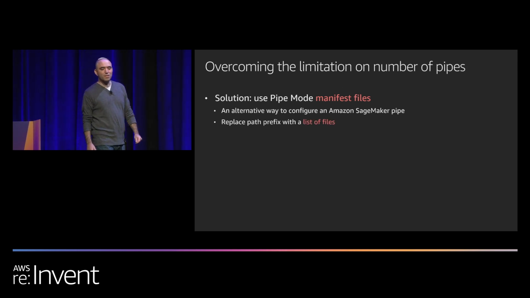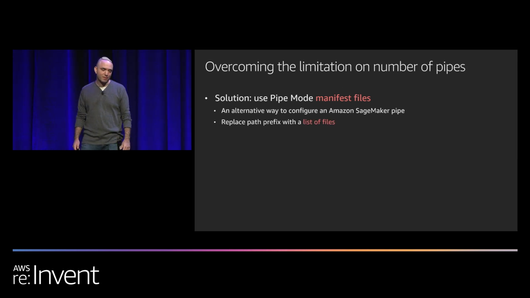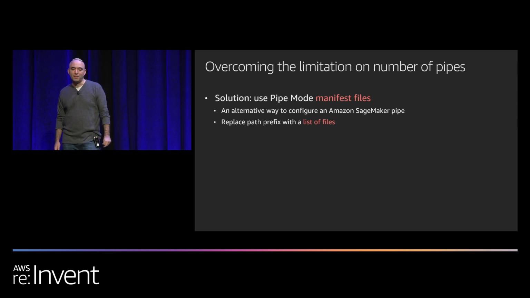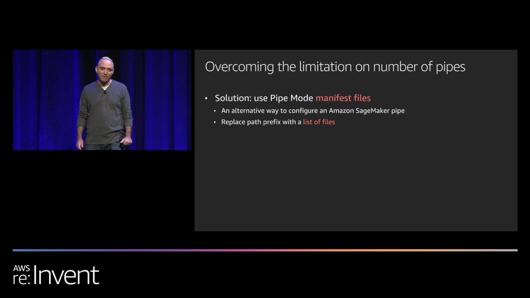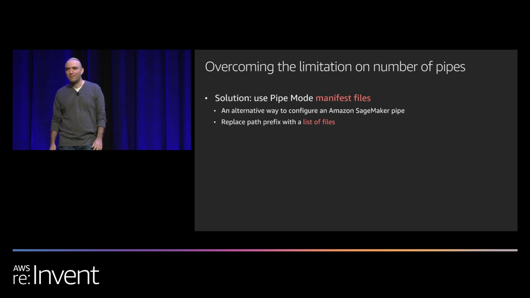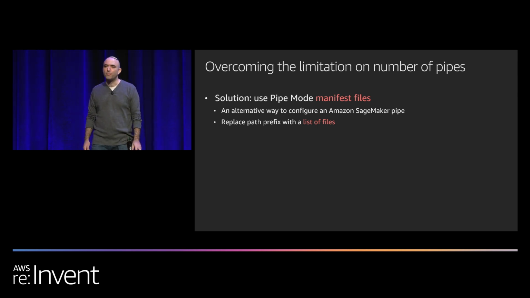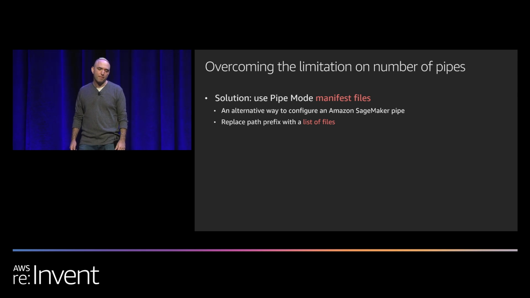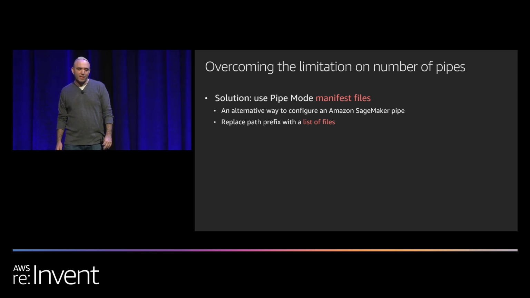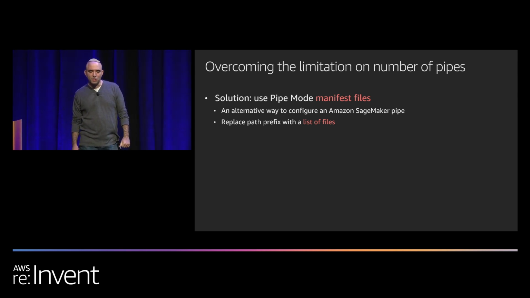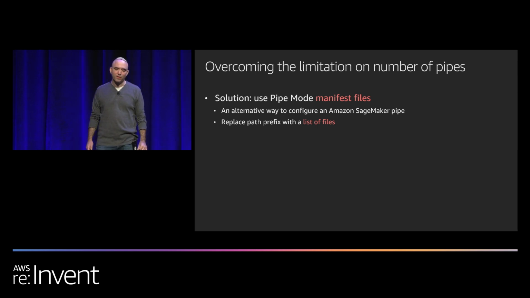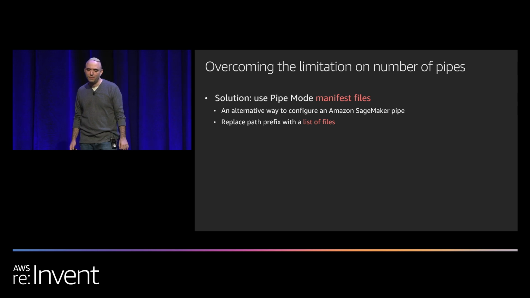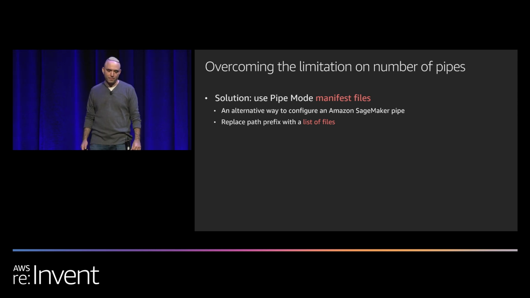Our solution was to use pipe mode manifest files. Using manifest files is an alternative way to configuring pipe mode, in which we specify a list of files that we want to have streamed on the pipe rather than providing an S3 prefix. Instead of setting an S3 prefix and relying on SageMaker to find all the files that match the prefix, in the manifest file you provide a specific list of the files you want.